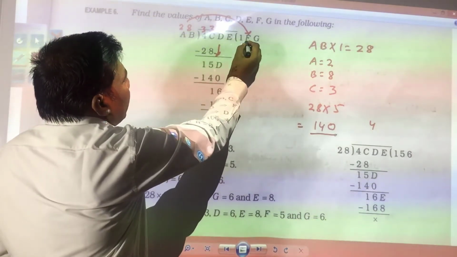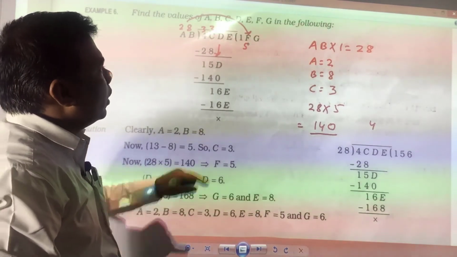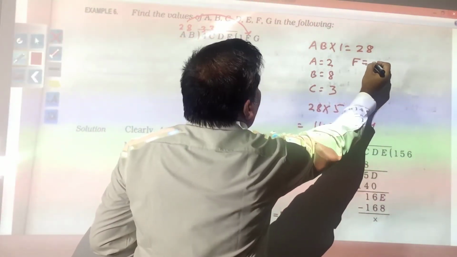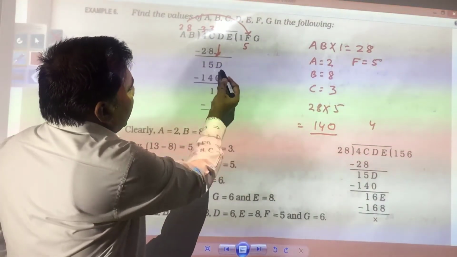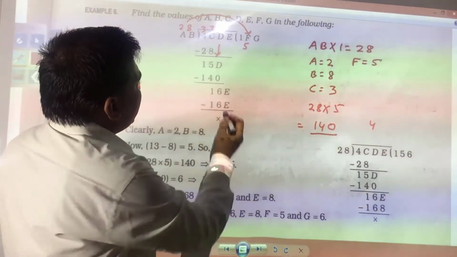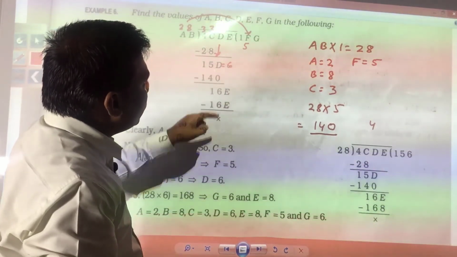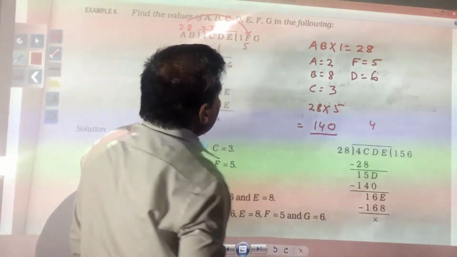It means in place of F, if 5 would be there, then only you will get 140. So, F you have got 5. Now, you see, if from D 0 is getting subtracted and you are getting 6, it means D is equal to 6. 6 minus 0 is equal to 6. So, you have got D is equal to 6.